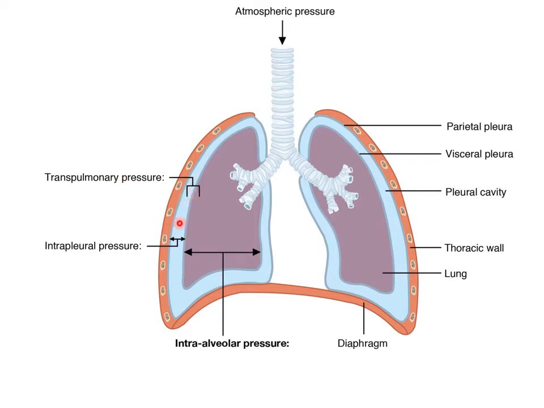The intra-alveolar pressure is also called the intrapulmonary pressure; both are the same, the pressure within the lungs, within the alveoli. The intrapleural pressure is the pressure within the pleural cavity. The difference between these two gives the transpulmonary pressure.